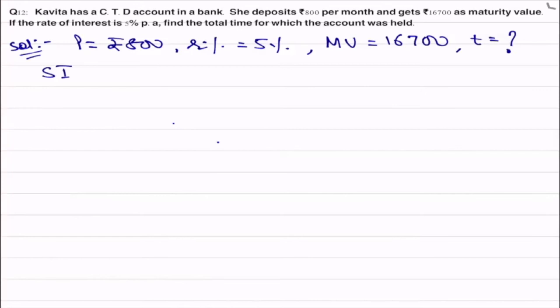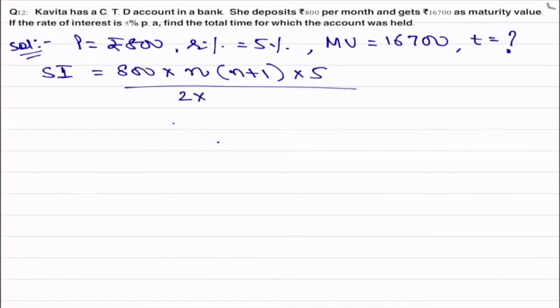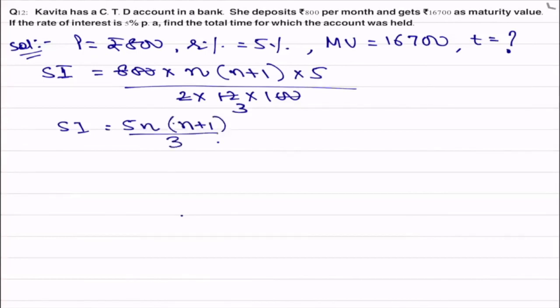So again we will use the same formula, simple interest, P into n(n+1)/2, where n is missing, into 5 upon 2 into 12 into 100. After calculating, simple interest value is 5n(n+1)/3. This is the value of simple interest. Now we will use the formula of amount, that is P into n plus simple interest.